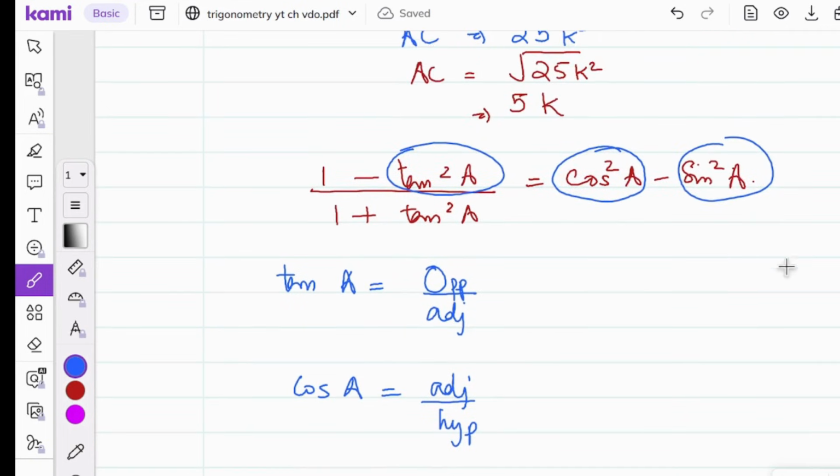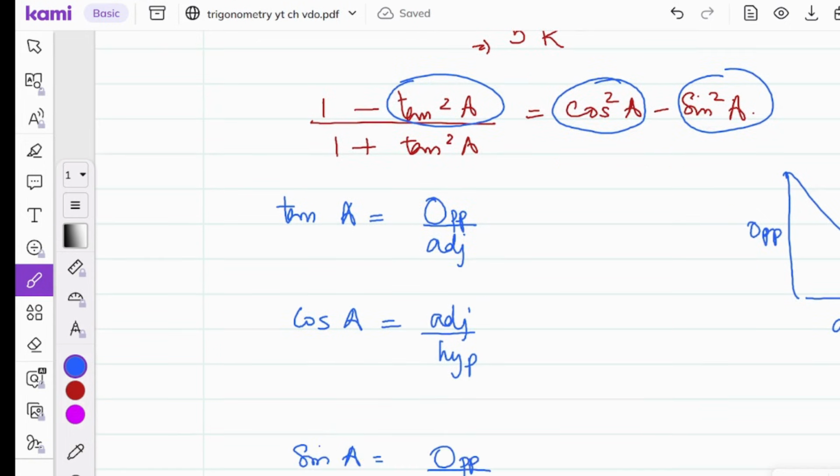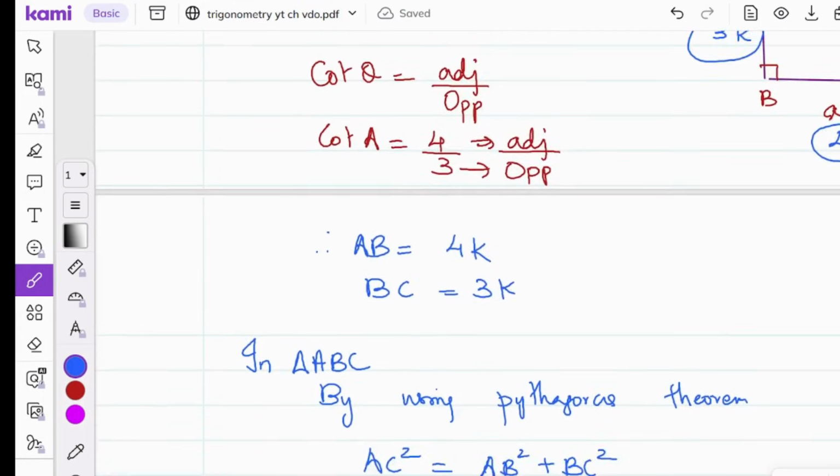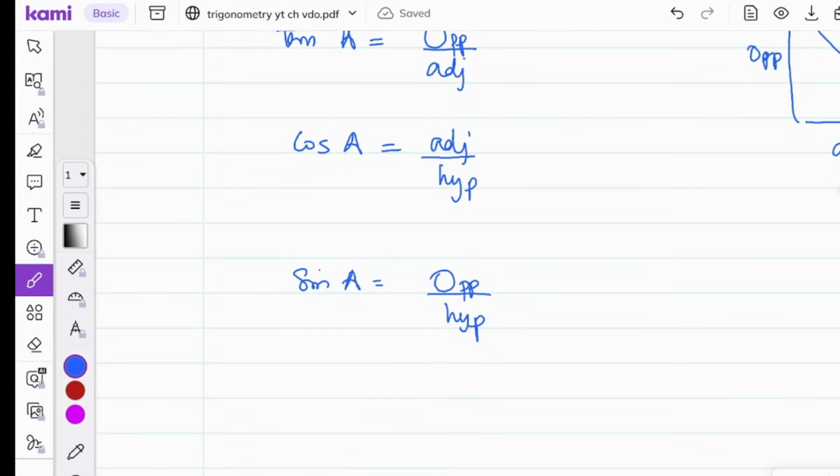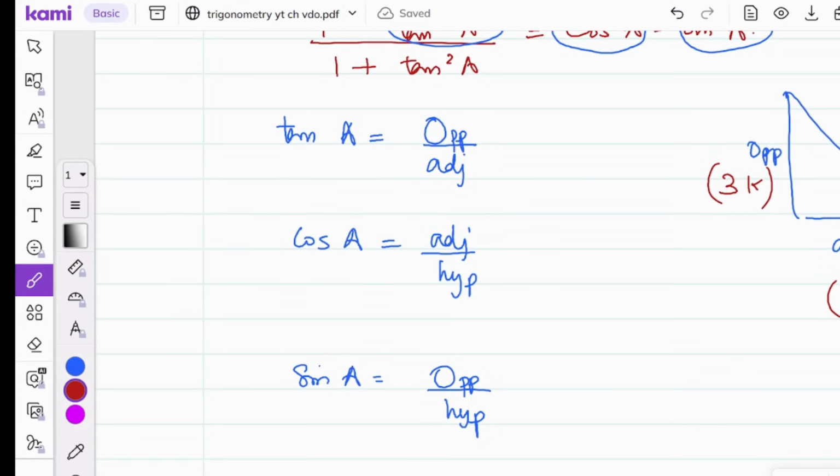So here, if this is my triangle and this is my theta, this is the opposite side, this is the adjacent side, and this is my hypotenuse. What are these values? Here we wrote 4k, 3k, 5k, right? So this is 4k, this is 3k, and this value is 5k. Clear?